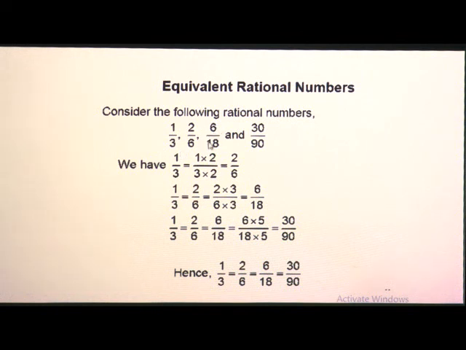We found the third and the fourth rational numbers. Here we concluded that 1 upon 3 is equal to 2 upon 6 is equal to 6 upon 18 is equal to 30 upon 90. What are they? They are equivalent rational numbers.